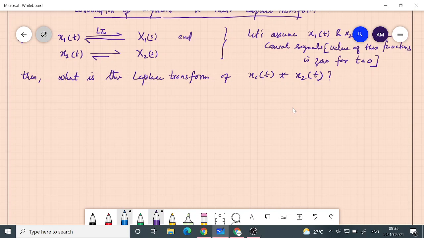Okay, so let's look at what happens. Laplace transform of x1 of t convolution x2 of t.